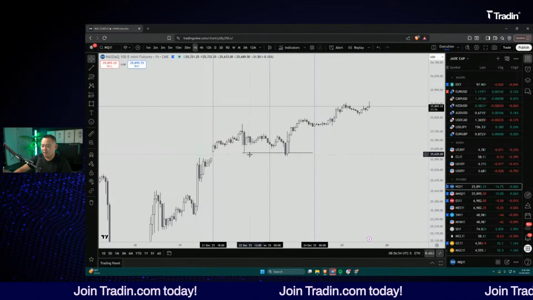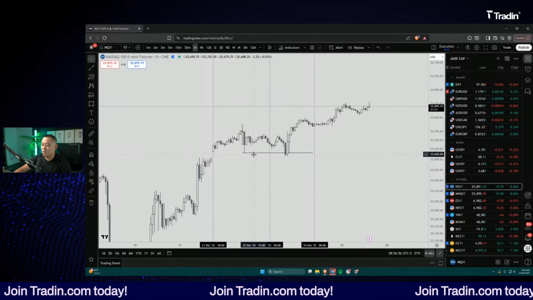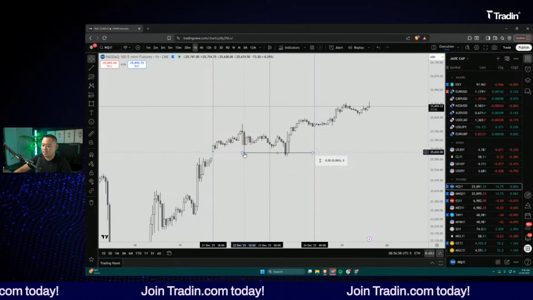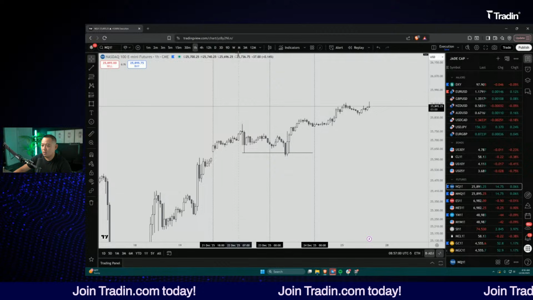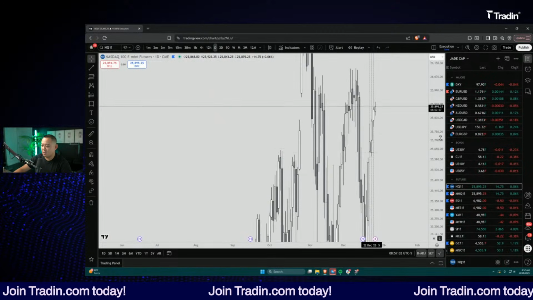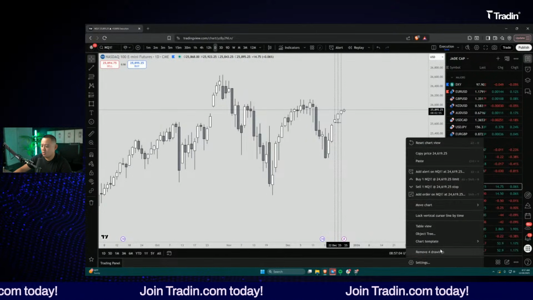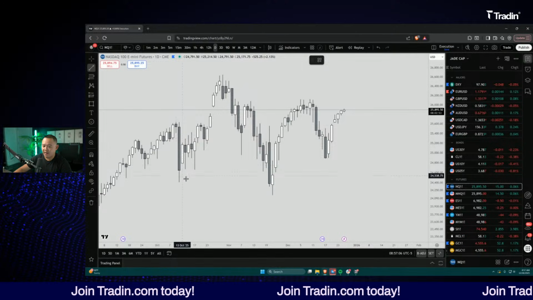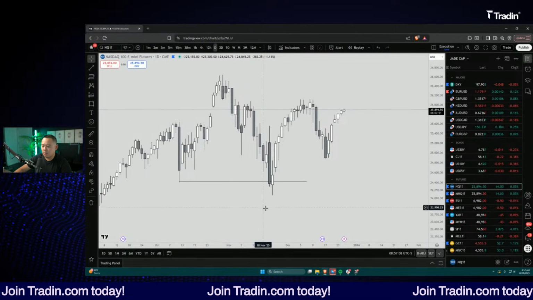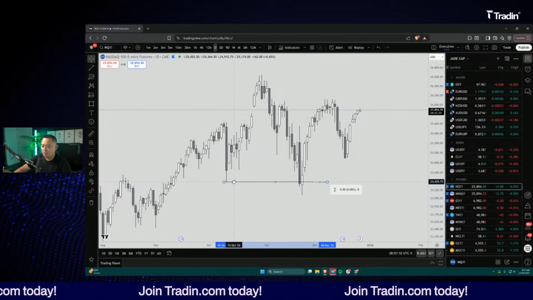It's just happening at a faster pace. So pretend this hourly low is your monthly low. If we go to the daily time frame, this is the exact same thing. We have the previous monthly low here.